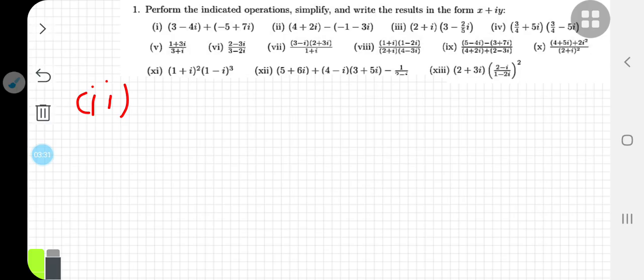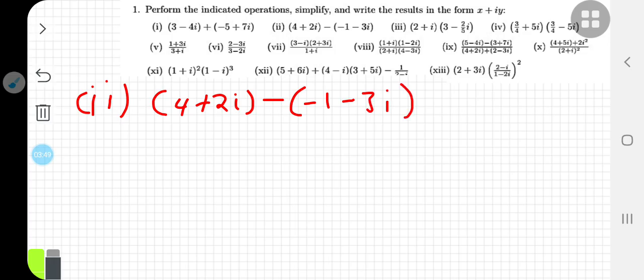So the second part wants us to express 4 plus 2i minus negative 1 minus 3i. Just the same concept. When subtracting complex numbers, you subtract the real part from the real part, imaginary part from the imaginary part.